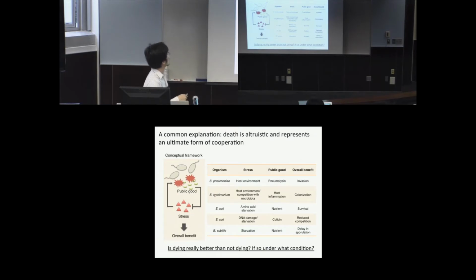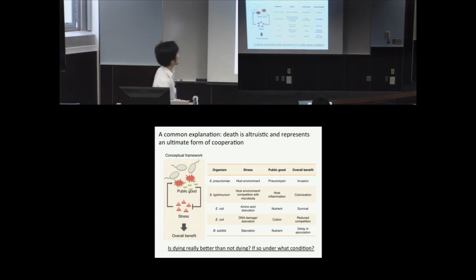Again, you have a population of cells, and upon stress, some of the cells in the population die, but they release a public good. This public good, in turn, counteracts and alleviates the stress, and in the end, it provides an overall benefit to the population. So it's an altruistic behavior.